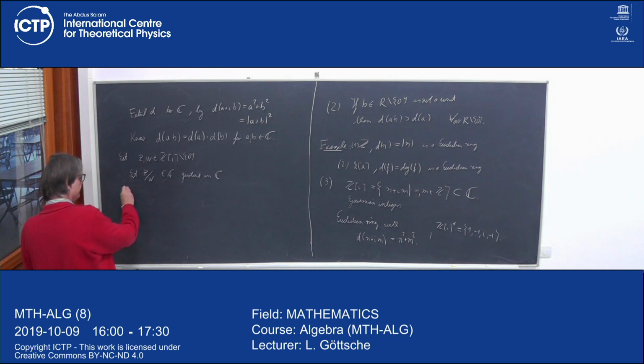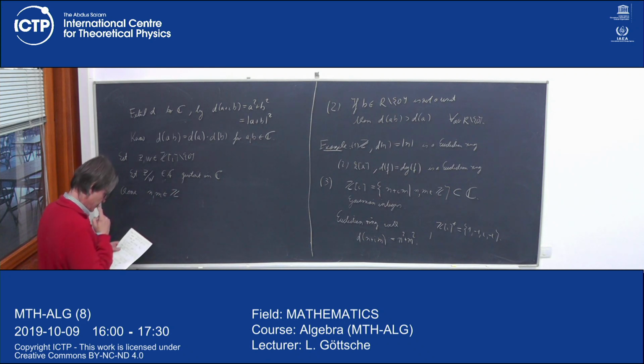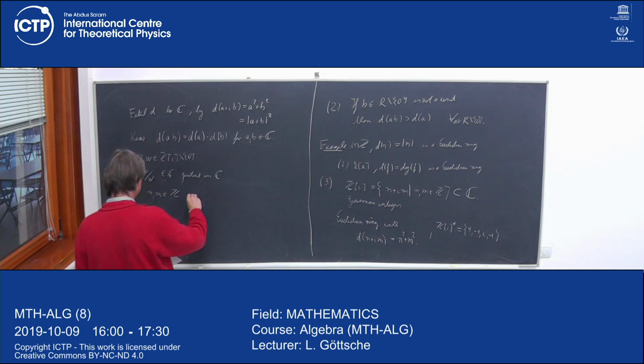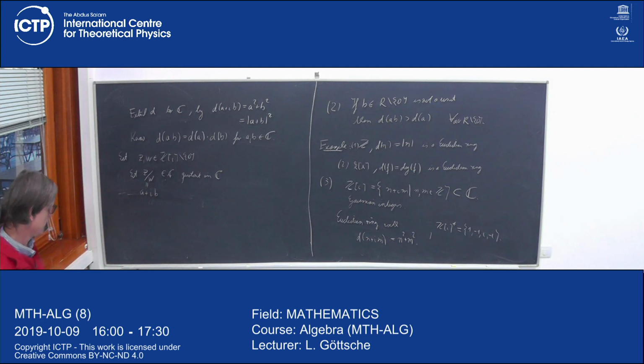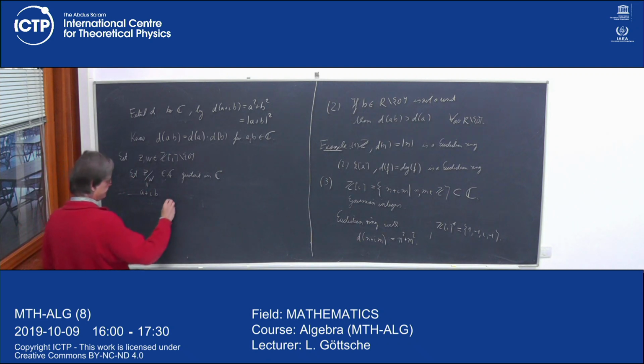So we choose n and m in Z, such that, maybe I write this quotient as a plus ib, where a and b are some real numbers.